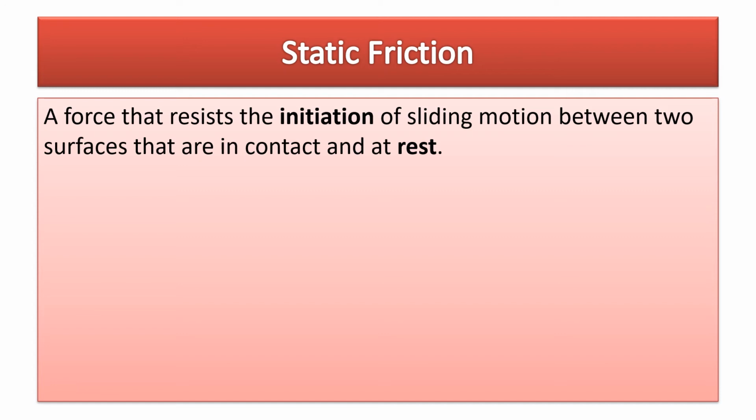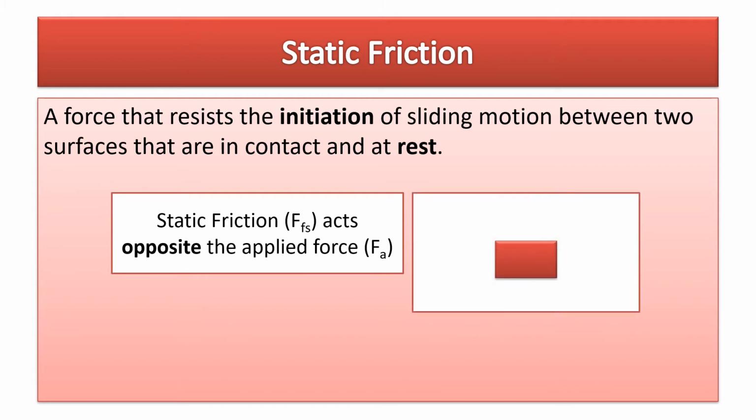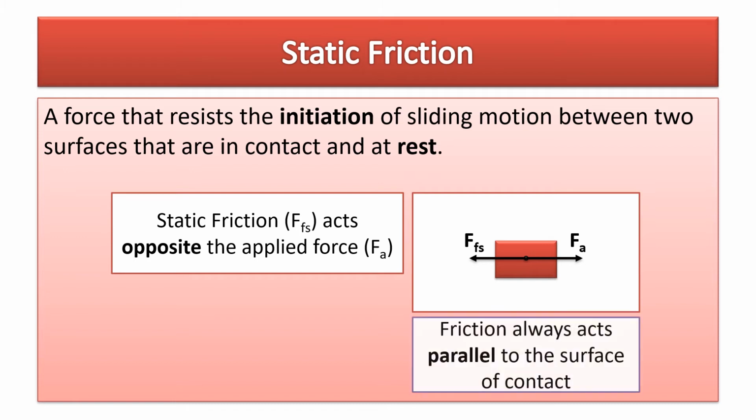Okay, so the static friction, or F_fs for static, acts opposite the applied force. If we were going to have our free body diagram, your applied force that you were pushing on your desk with, and then the static force, it's equal and opposite in this case. It's because it's balancing out your applied force. We're not moving the desk yet. It's at rest still.